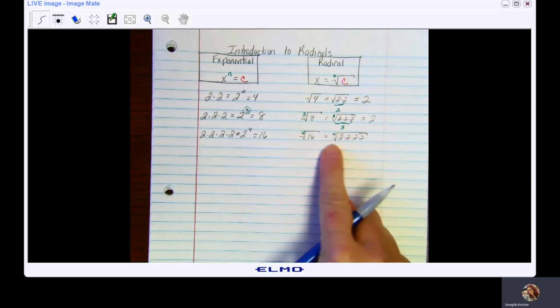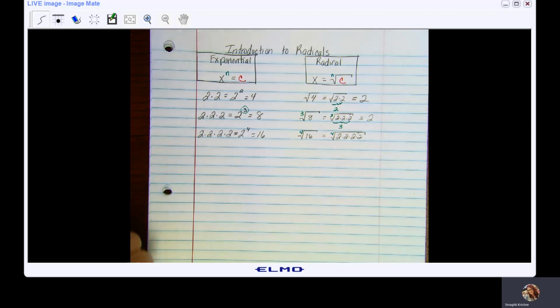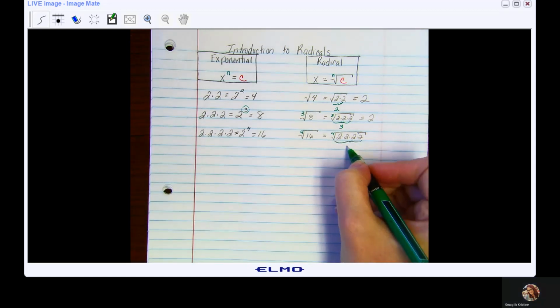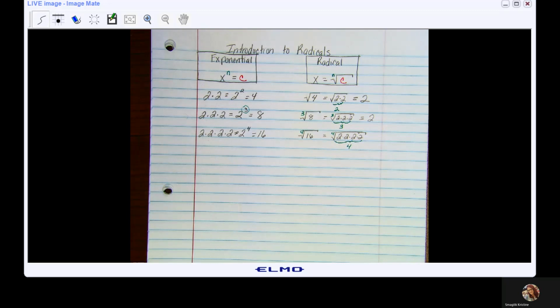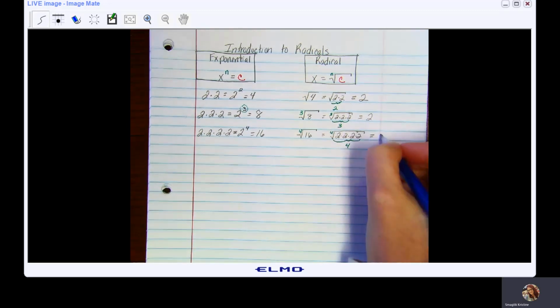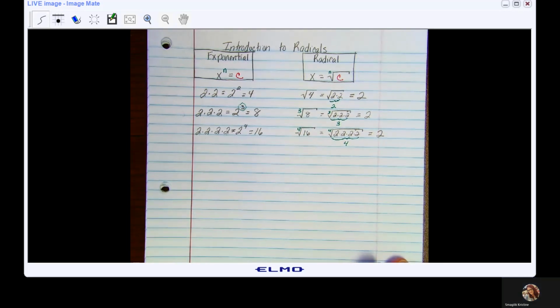And again, notice when we factor out 16, 2 appears 4 times. So that means the fourth root of 16 is 2. Okay, let's kick it up another notch.